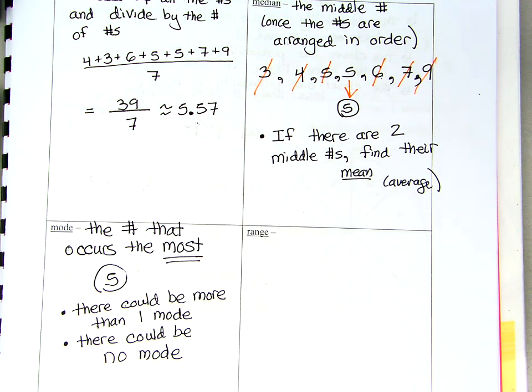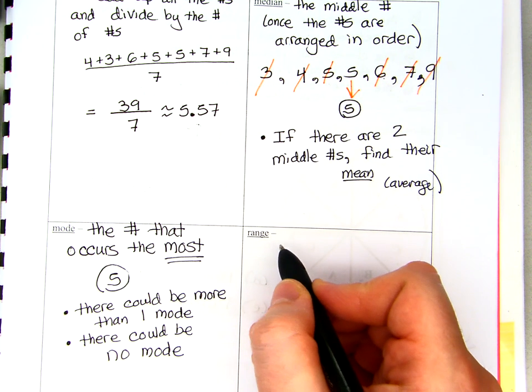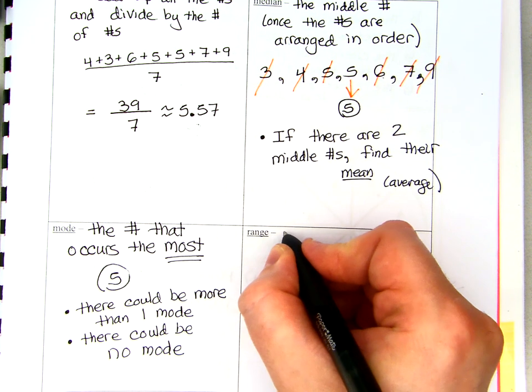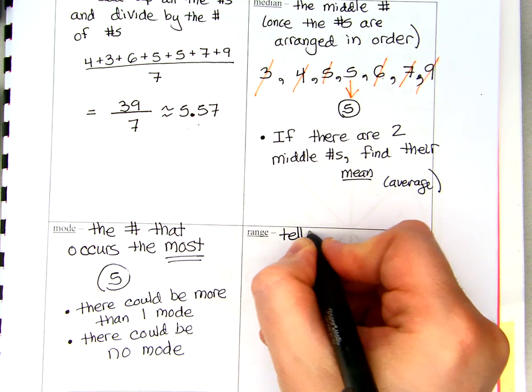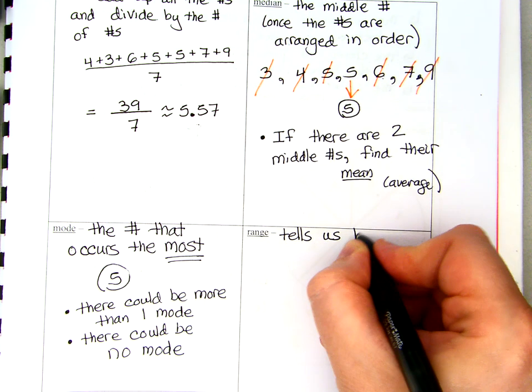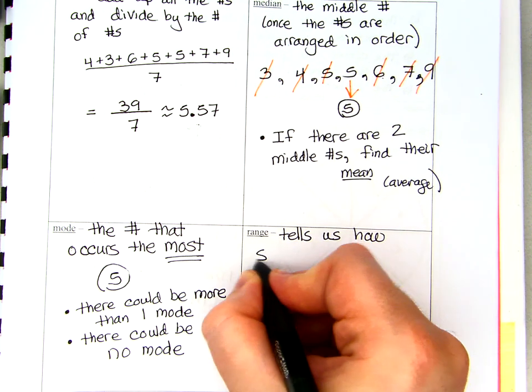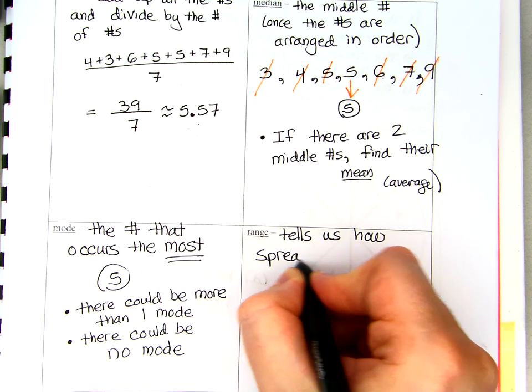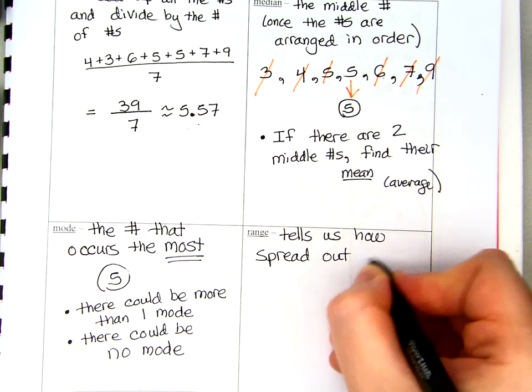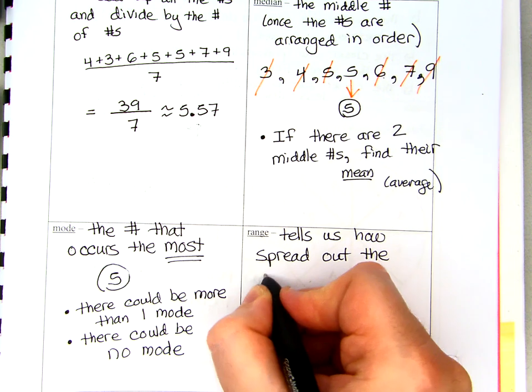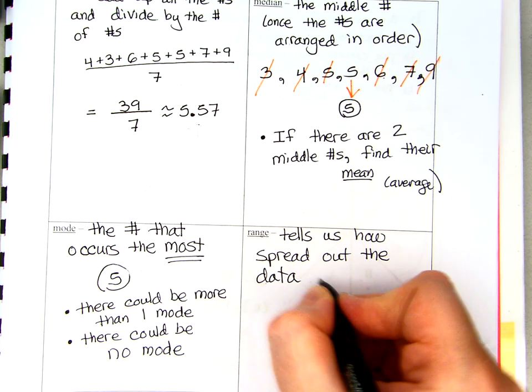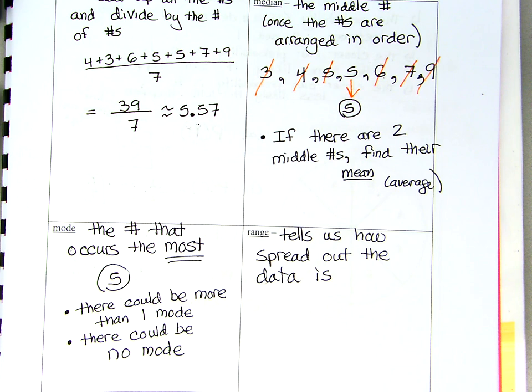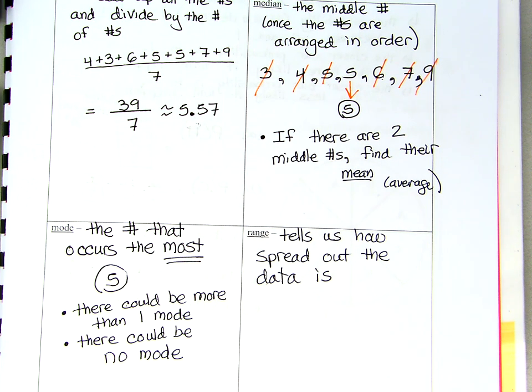The last one we're going to look at is called the range. And what the range tells us is how spread out the data is.